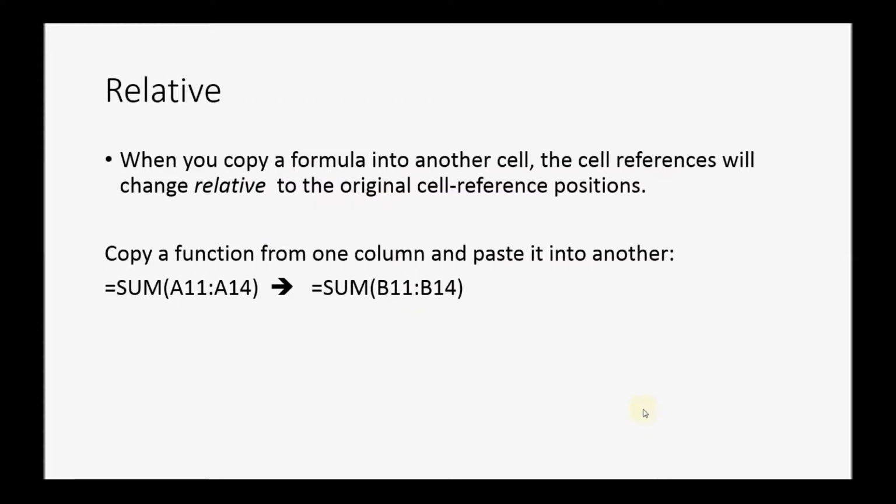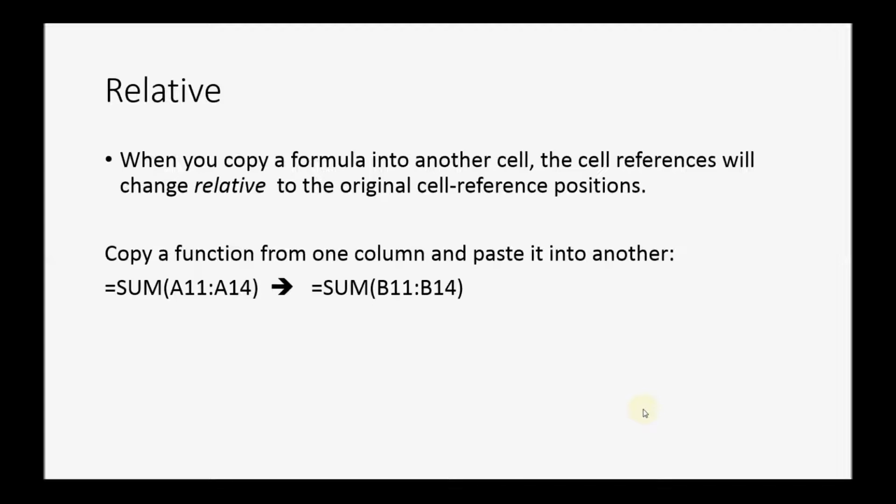Okay, so let's talk about the relative cell references. When you copy a formula from one cell into another cell, Excel will look at the formula and determine if the references are relative or absolute. For relative cell references, Excel will look for cells that are in a similar position or pattern as the original cell formula.